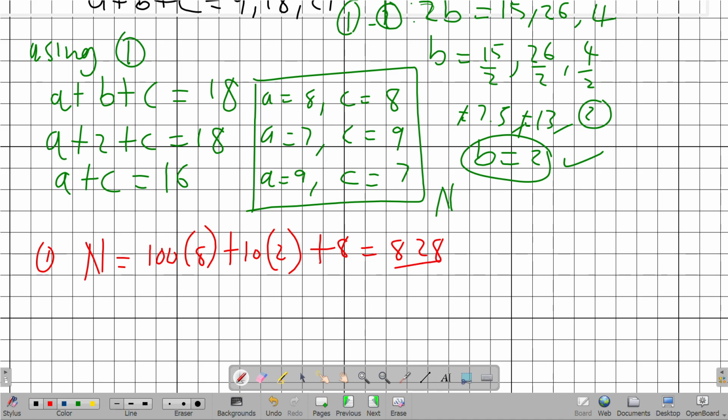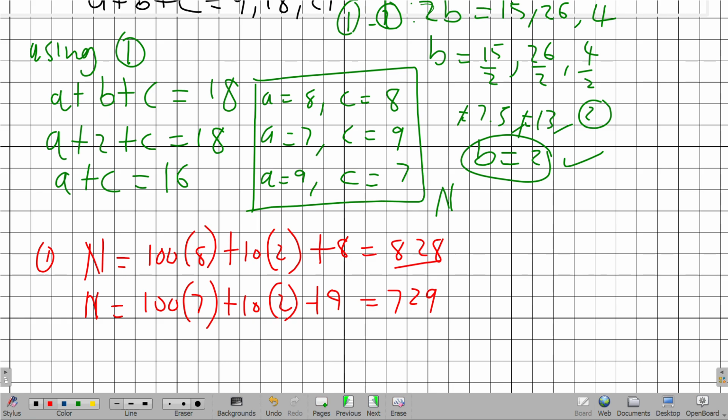We can also have a case where n is equal to 100 times 7 plus 10 times 2, plus 9, so that gives 729.